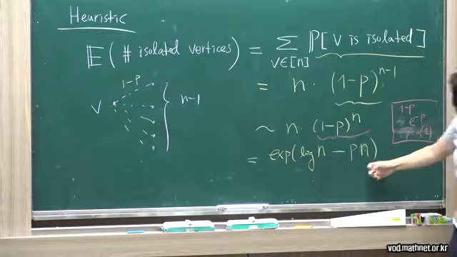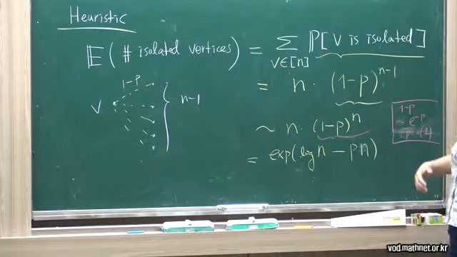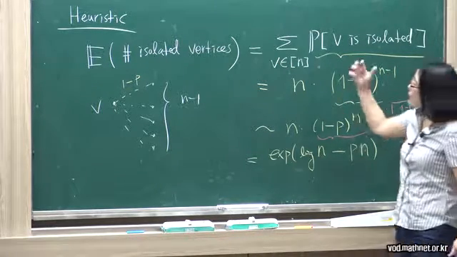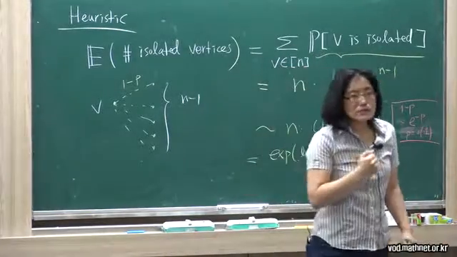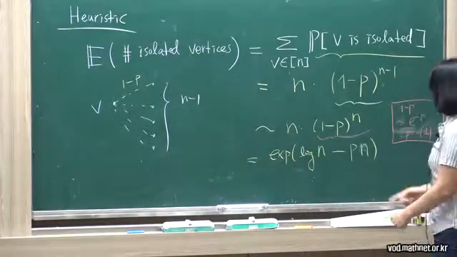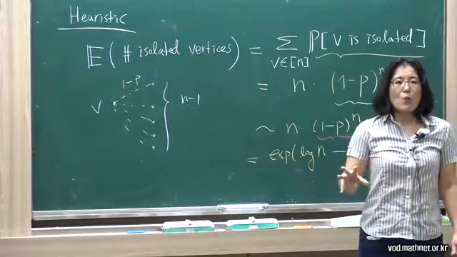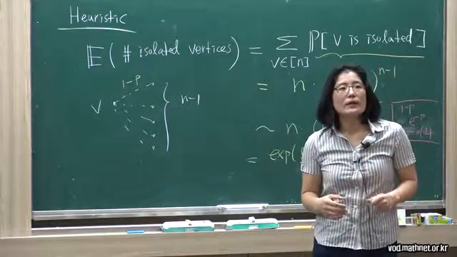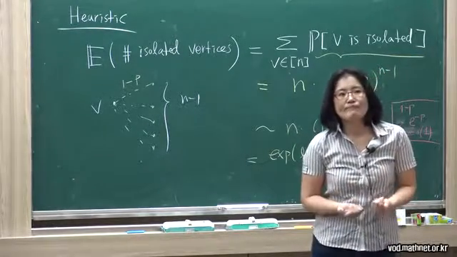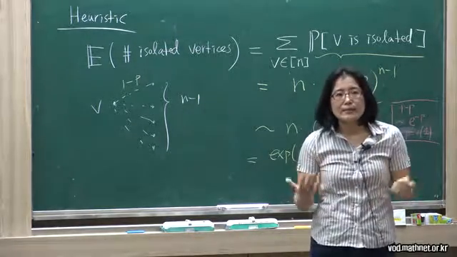So now, this is the expected number. What we can expect is, if there are isolated vertices, we know that the graph is not connected. So what we are aiming for is when this value not only tends to 0 but tends to infinity, so that we expect many isolated vertices.